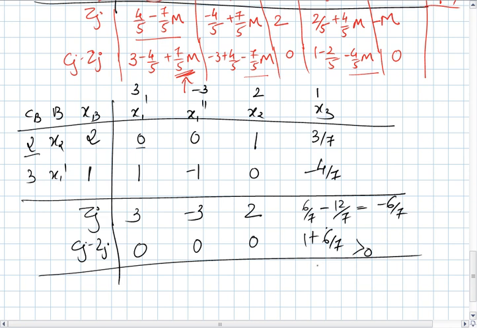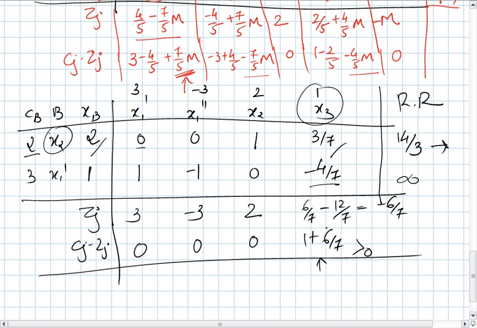So the corresponding variable must enter the basis. So again we have to find the replacement ratio. To find it we divide 2 by 3 by 7, so that is 14 by 3. And here the quantity is negative, so the ratio is infinite for that. So X2 will leave the basis and X3 will enter the basis, and we have to make this entry 1 and this entry 0.